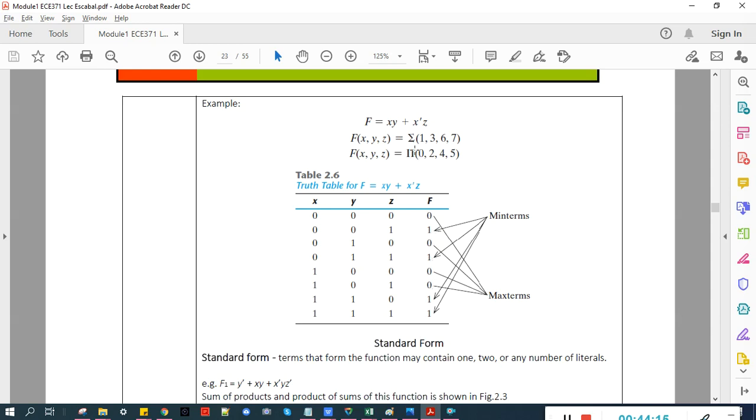So we can write f as equal to the sum of the min terms. This is min term 0, min term 1, so 0, 1, 2, 3. So 1, 3, 6, 7. So f of xyz is equal to the sum of the min terms 1, 3, 6, 7, or those with 0 value for f, for the max terms, or f is equal to the product of the max terms 0, 2, 4, 5.